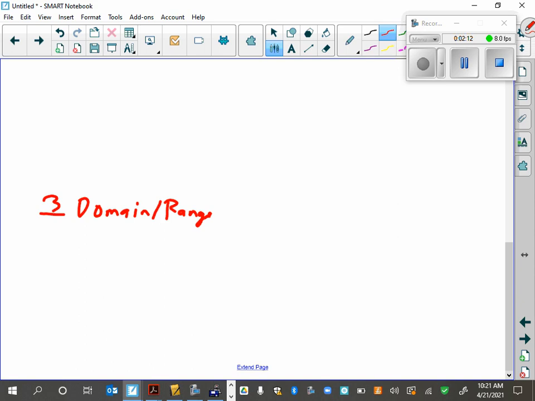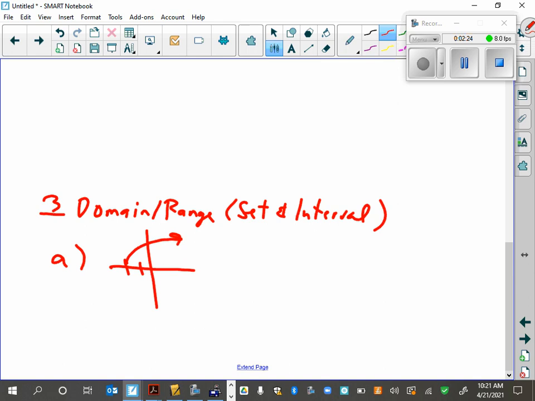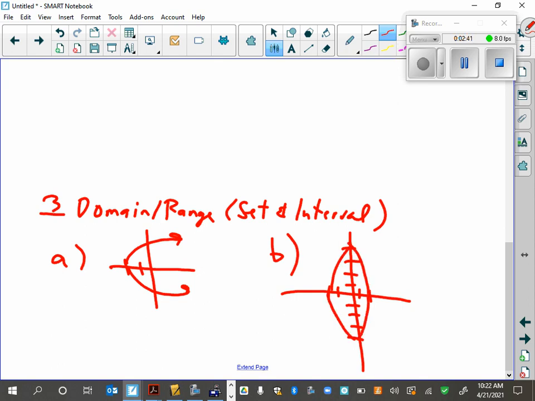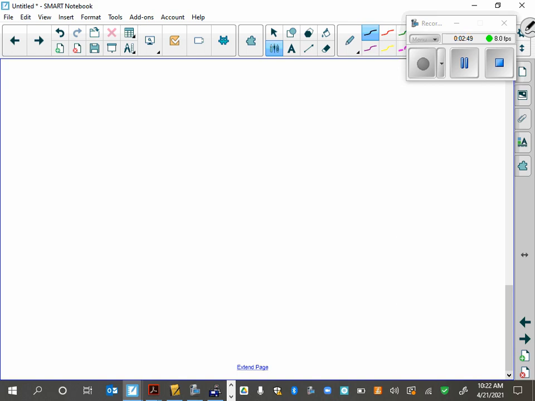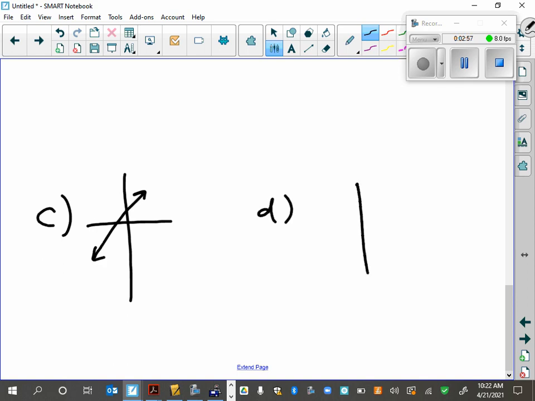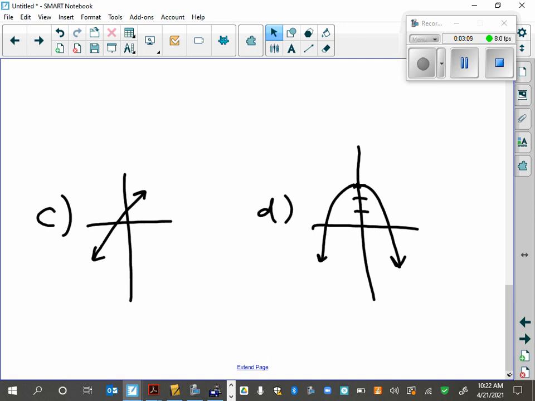Okay, so set notation and interval notation. Pause. Do those questions. When you're done, you can unpause.